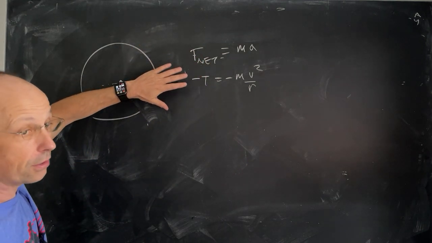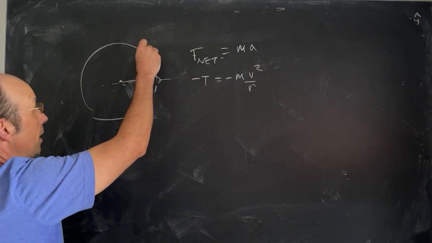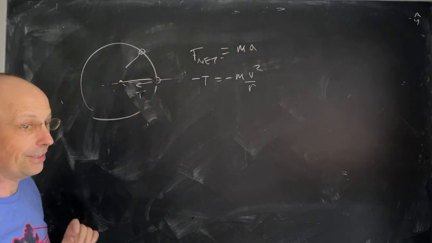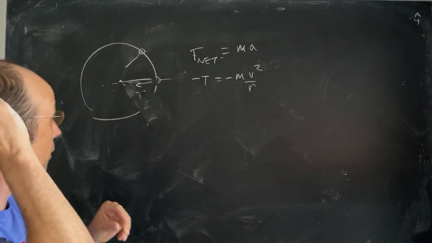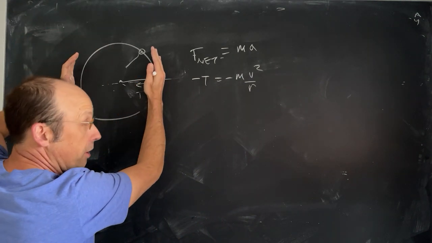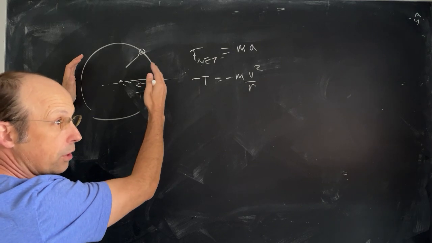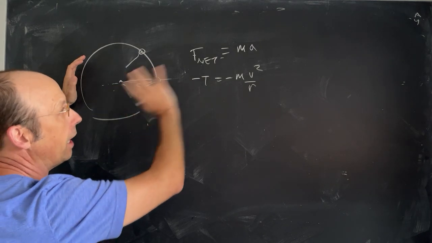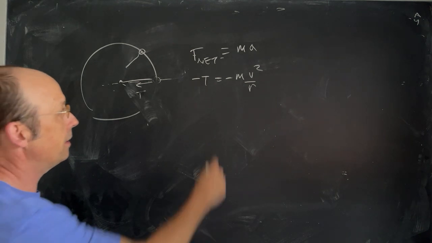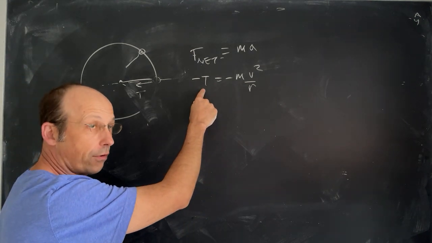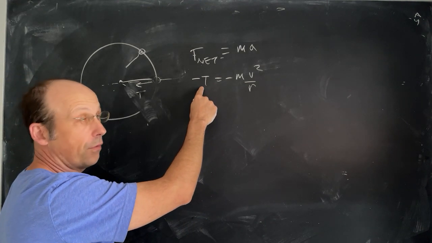Because if I wanted to look at this a little bit later, the ball's up here, and now the acceleration is that way. So the acceleration changes directions. It makes it very, very difficult to deal with this. So you want to freeze your situation such that you can pick the x-axis and just say, okay, it's not really always the x-axis, but at that instant it is. And this we would call the centrifugal force, because it's whatever force makes it move in a circle.